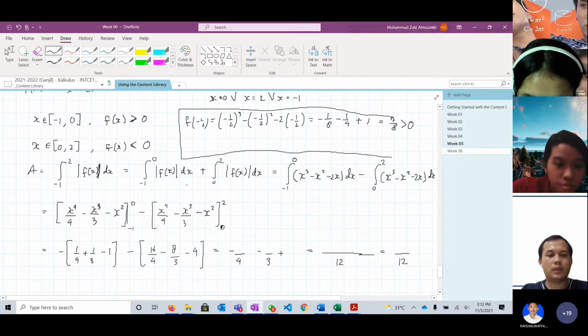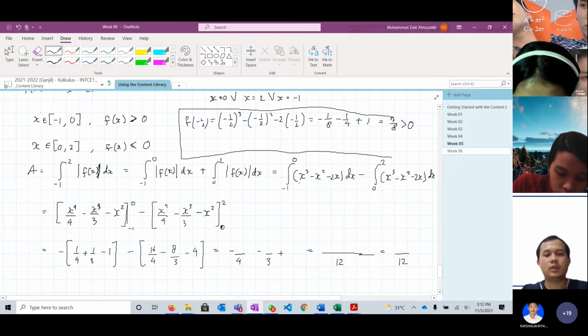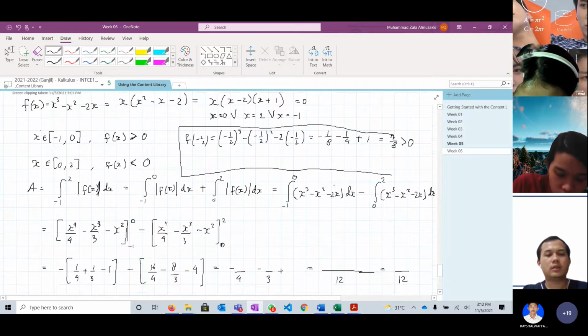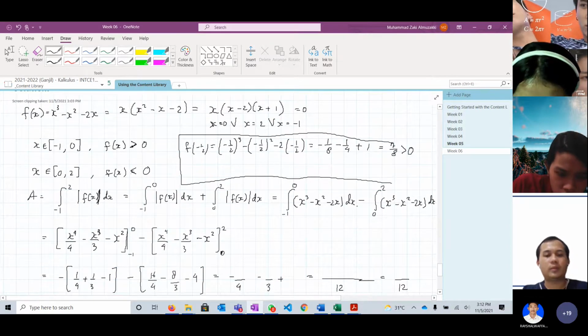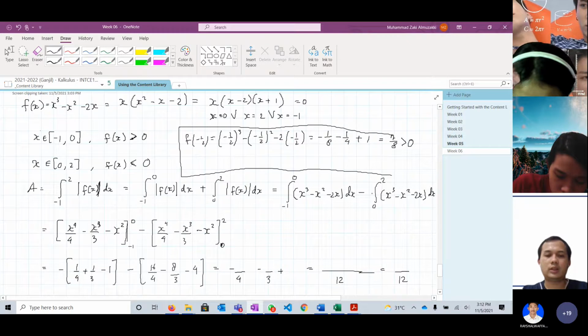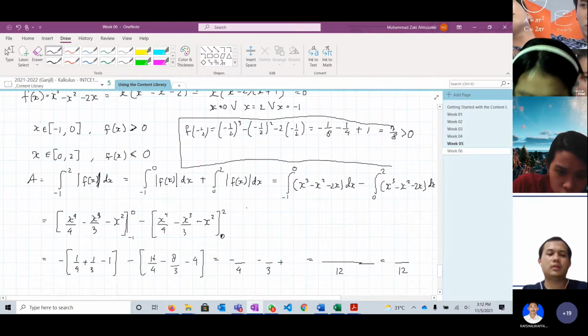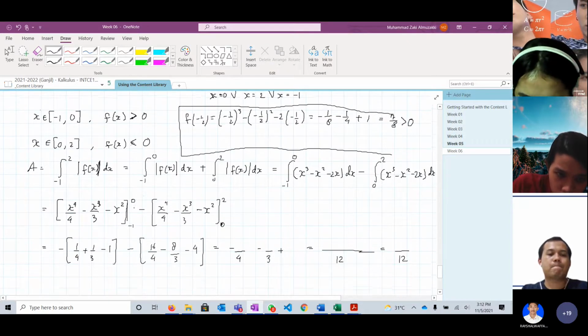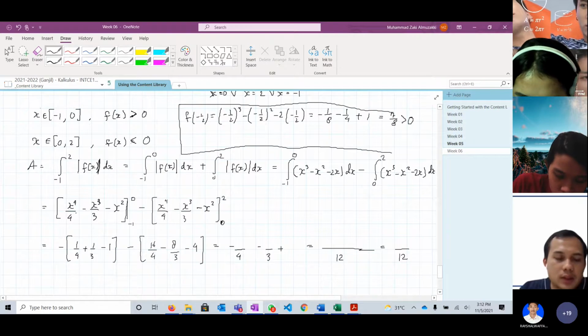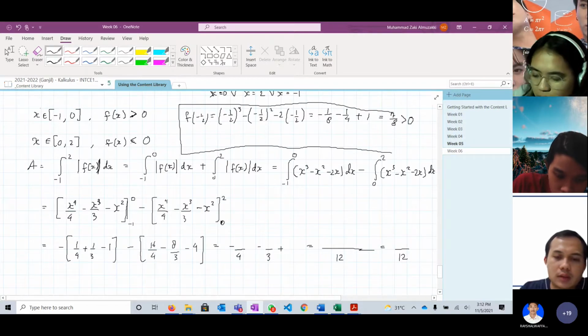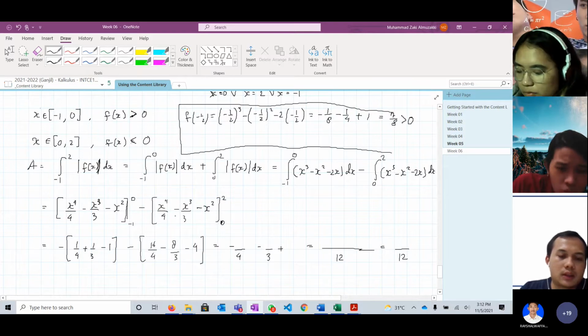Then we have that the integral from -1 to 0, the sign is good. And from 0 to 2, the sign is now negative. So I think the integrals are correct.